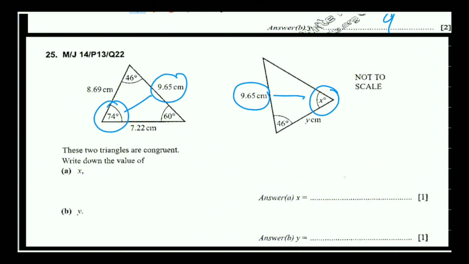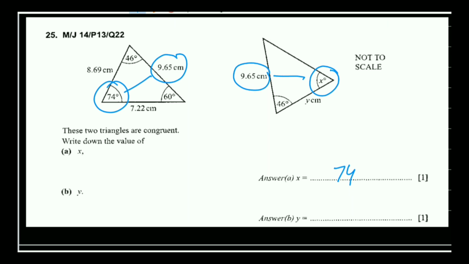So here you have to write that x is 74, because according to the definition of congruent triangles, all the angles and all the sides will be the same. So if this is 9.65 and this is the angle opposite to 9.65, it should be the same as the angle in the other triangle that is opposite to the 9.65 centimeter side.